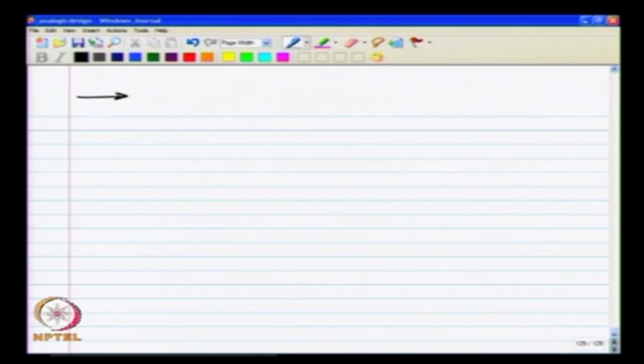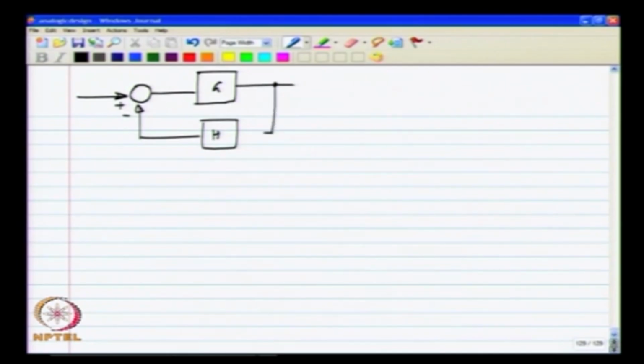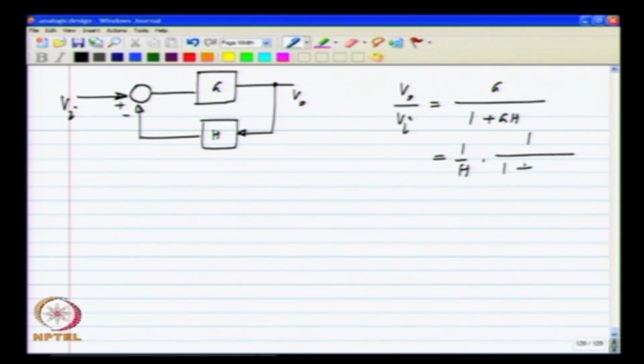So, if we have a feedback system like this, V naught by Vi is of the form G by 1 plus GH, alternatively 1 by H times 1 by 1 plus 1 by GH.